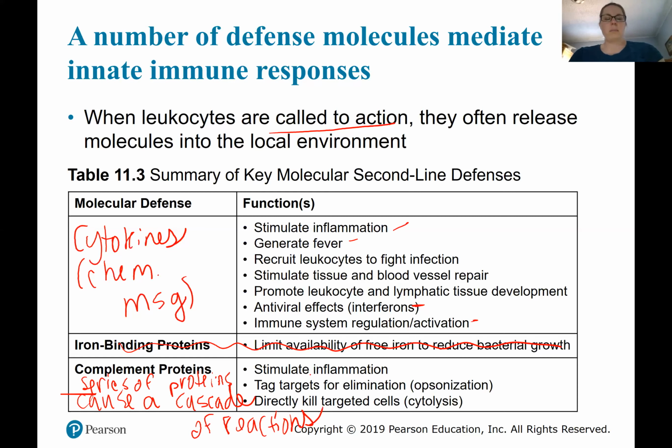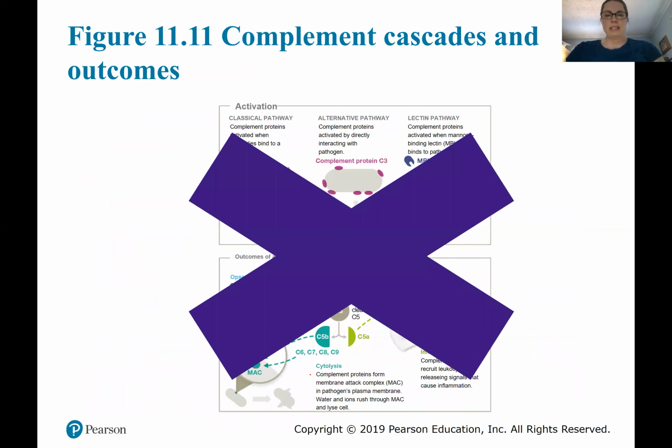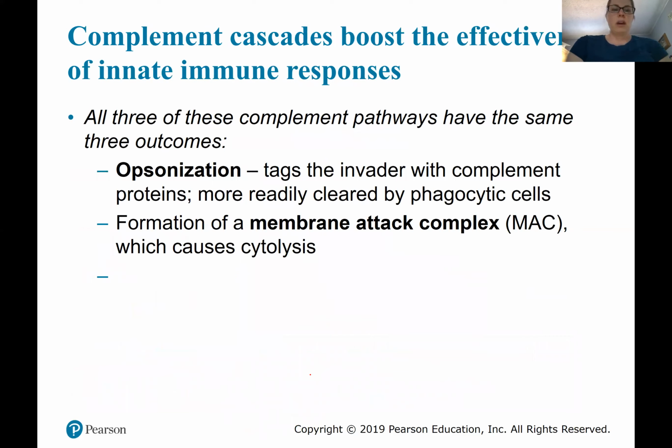Okay, and I'm not going to get into the complement cascade. There's like 30 different proteins and all kinds of different reactions that go on. But at the end of the day, don't worry about the different types of complement pathways.